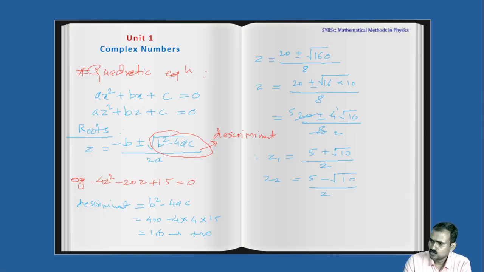These are the two roots of the given quadratic equation. So these roots are irrational numbers.